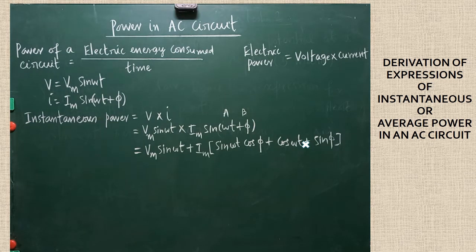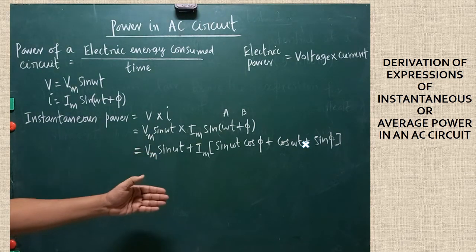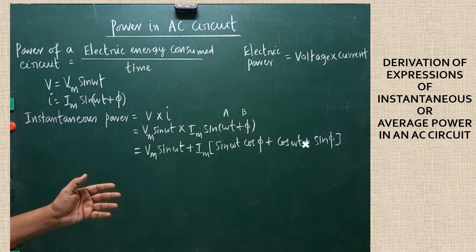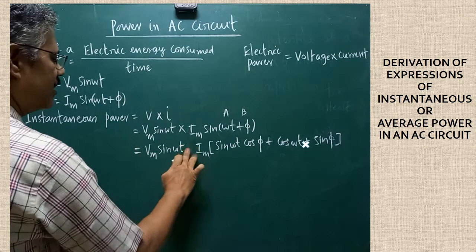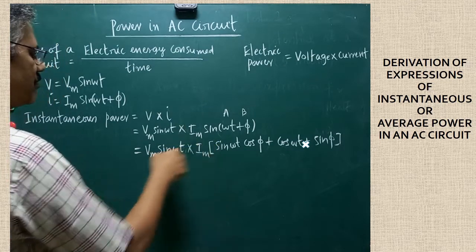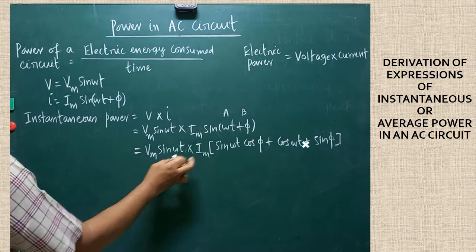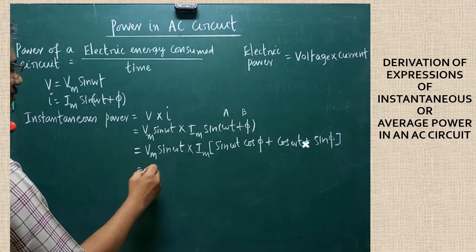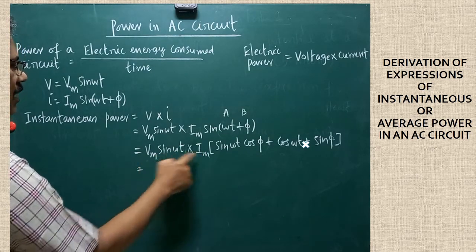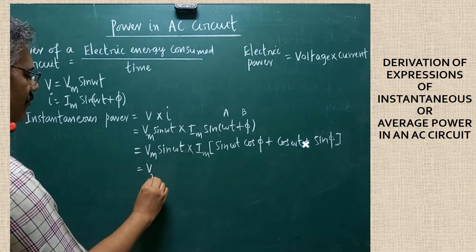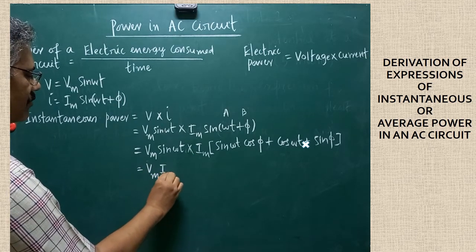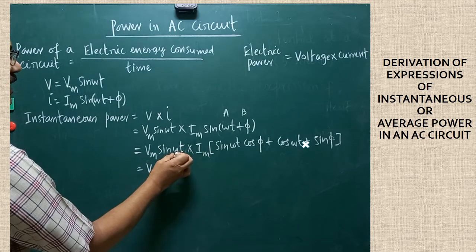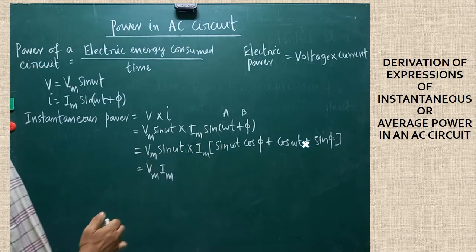Now the next step: we have to multiply the factors inside. This factor must be multiplied with this factor. After multiplication, what will happen? If these two are multiplied, you will get Vm into Im, Vm into Im sin omega t, and this factor to be multiplied.